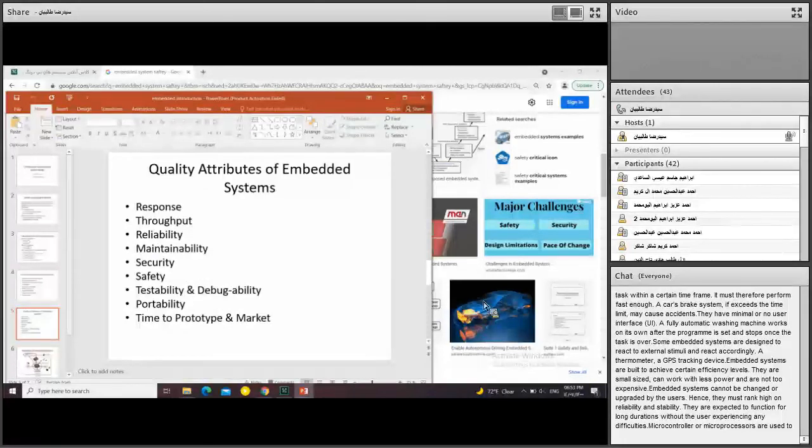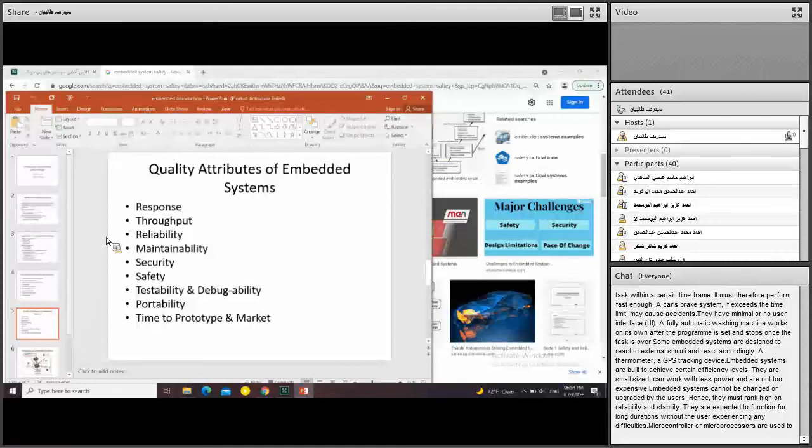And then we can find another thing, quality attributes of embedded systems. It is very important, because if we want to speak about the performance of an embedded system, for example, we have two embedded systems, system 1 and system 2. We say that system 1 is better than system 2. Why? We must have some quality attributes.